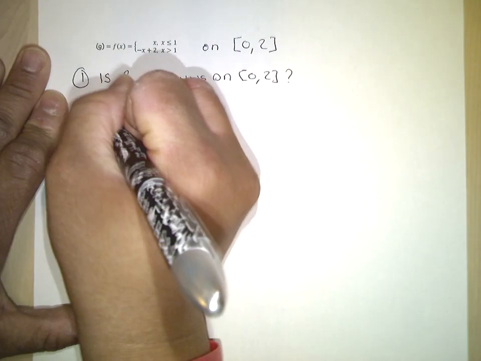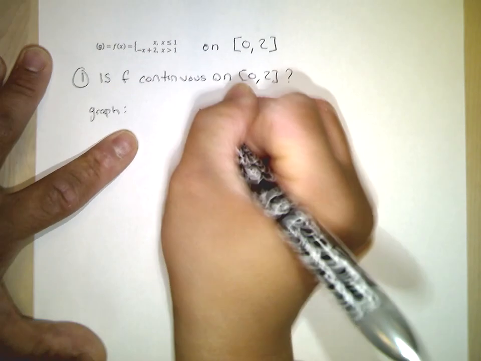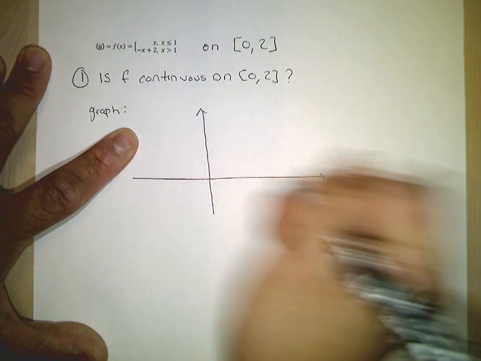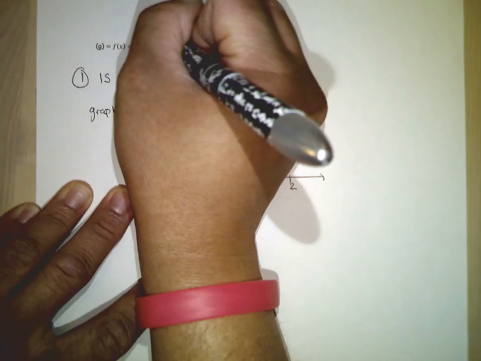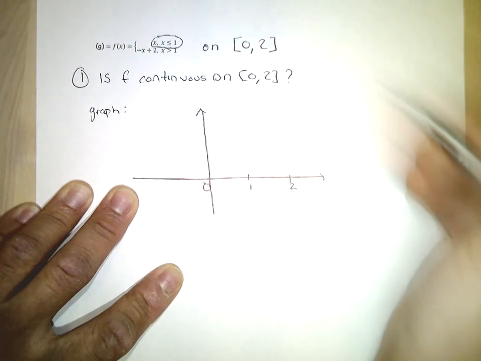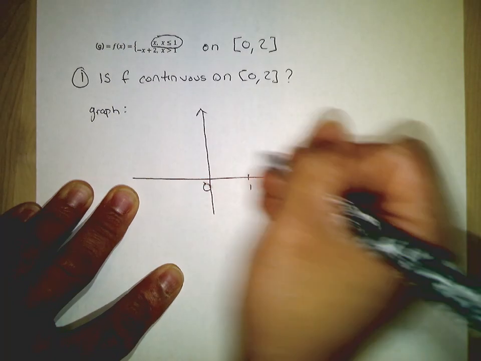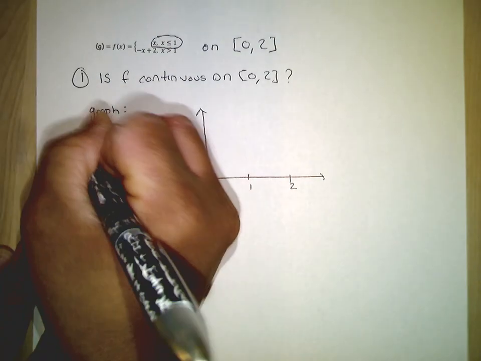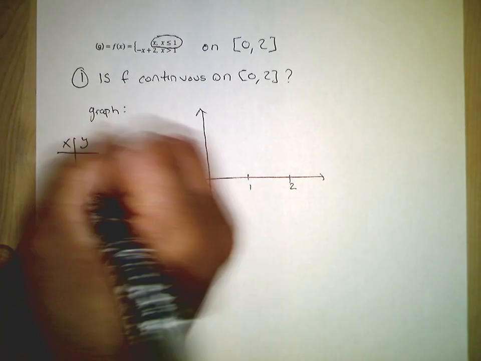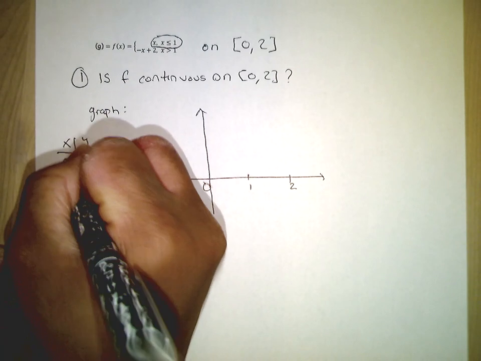So if you took a sketch of this graph, and remember we only want from 0 to 2. If x is less than or equal to 1, we have x, so y at 0 is 0, and at 1 we have 1.